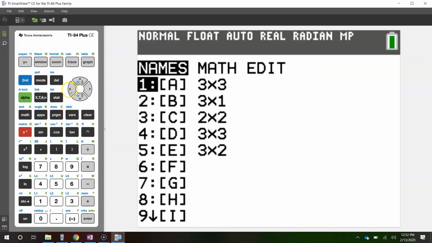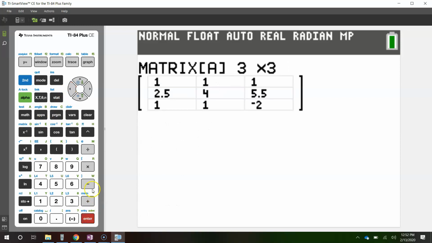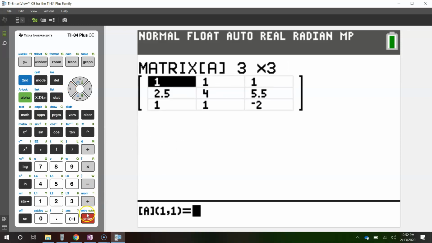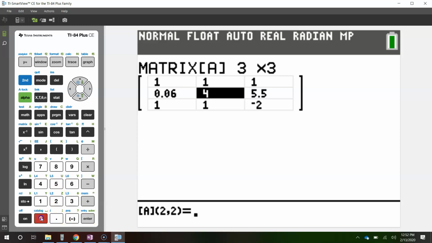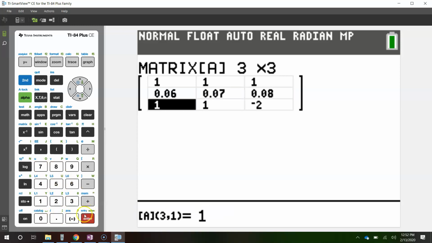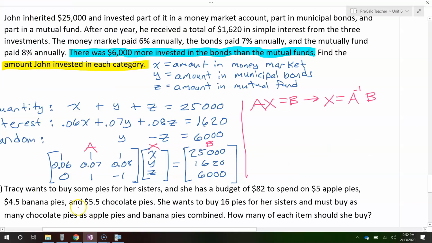We'll go second matrix. We'll edit matrix A. Make sure it's a 3 by 3 matrix. The first row is 1, 1, 1. Then 0.06, 0.07, and 0.08. Then 0, 1, negative 1.